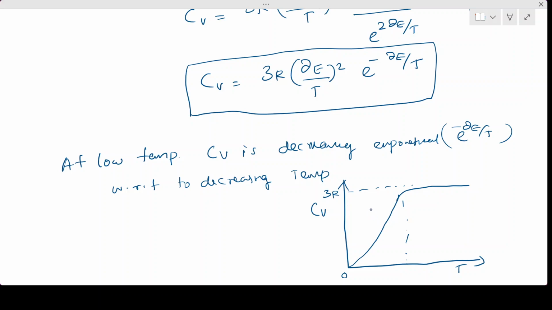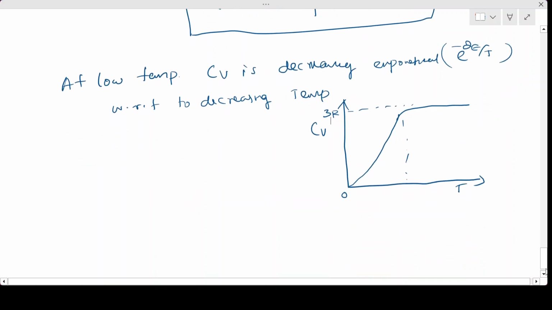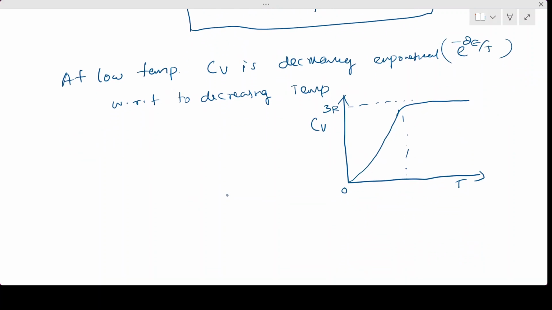So again, in Einstein theory what we observe is that at low temperature the specific heat capacity depends on e raised to minus θ/T, so it is exponentially decreasing with respect to temperature. But experimentally we find that the specific heat capacity is proportional to T cube.